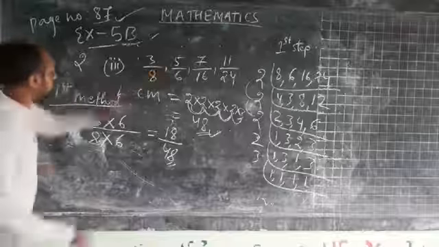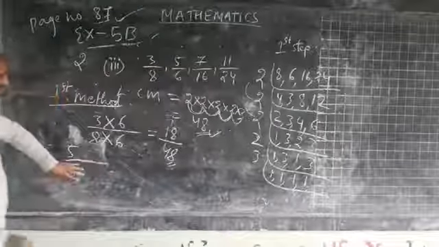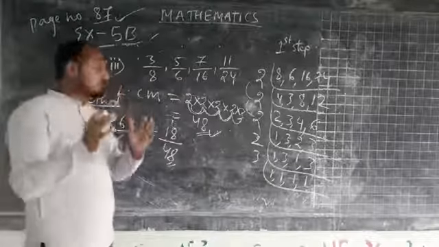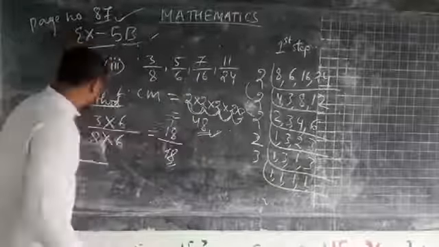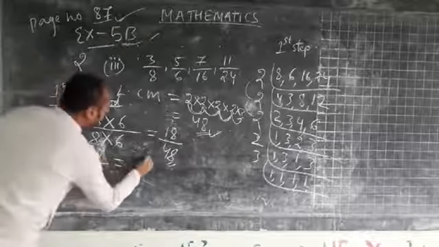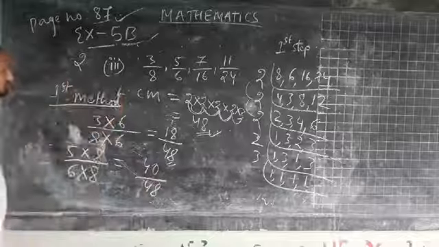Now the second fraction, we have 5 by 6. Here also we have to make this denominator 48. If I multiply, 6 8s are 48. So here also we have to multiply with 8. Now 5 8s are 40, so 40 by 48.